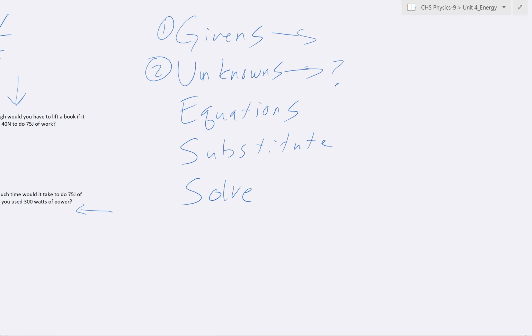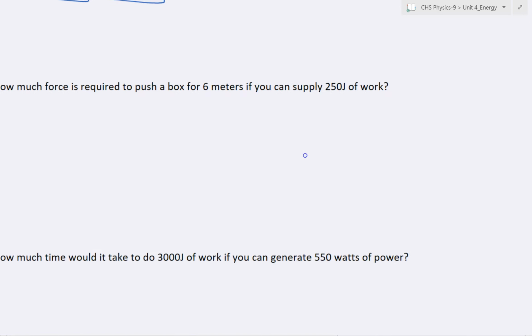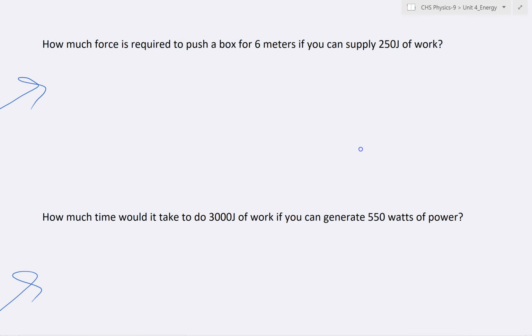What does the problem give us? And then which equation, or really in this one it's just going to be one equation, are we going to use to solve the problem? In this step, this is where you do your algebra. Once you have your algebraic equation rearranged, then you do your substitution and solve.